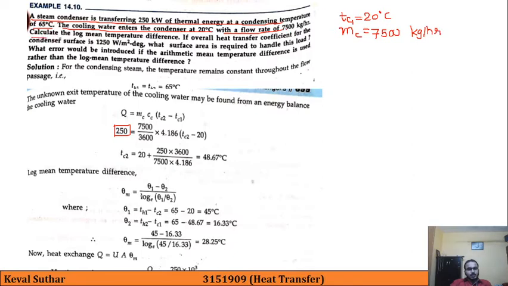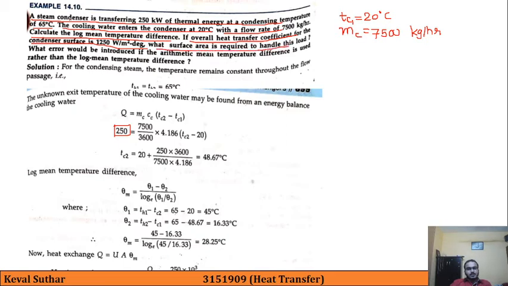Calculate the logarithmic mean temperature difference. If the overall heat transfer coefficient for the condenser surface is 1250 watt per meter square degree, what surface area is required to handle this load?